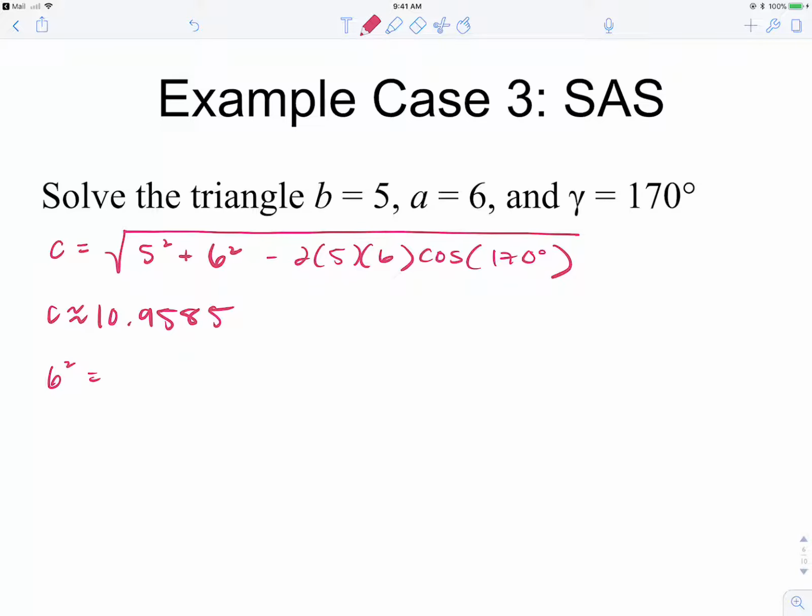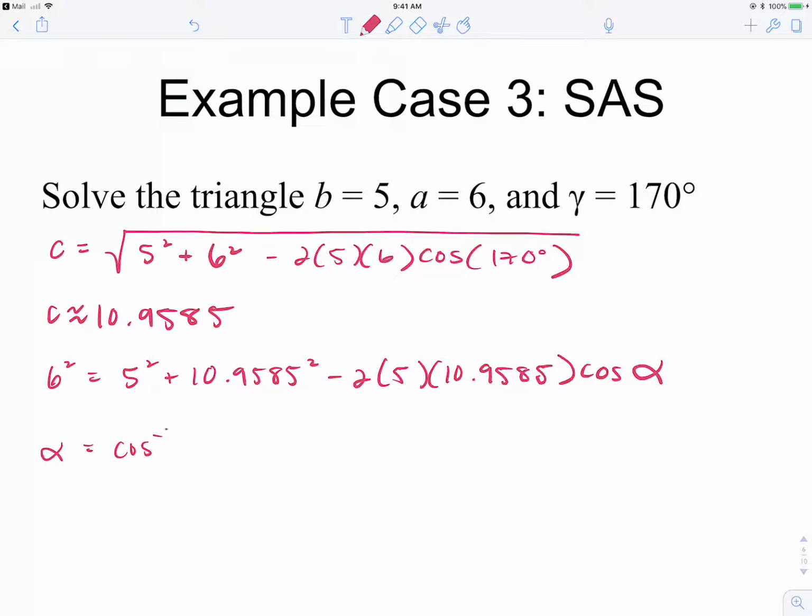So using law of cosines, okay, so alpha will be equal to the inverse cosine, and I want you to make sure you are writing down this step at least, the step where you're showing me what you're actually putting into your calculator.